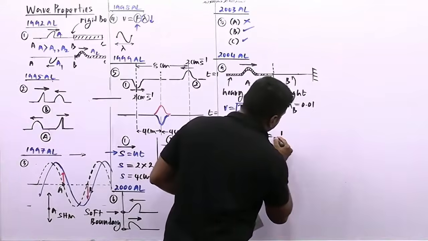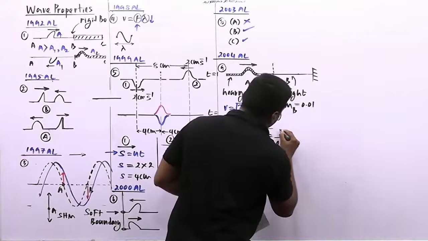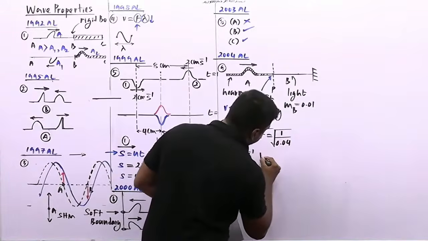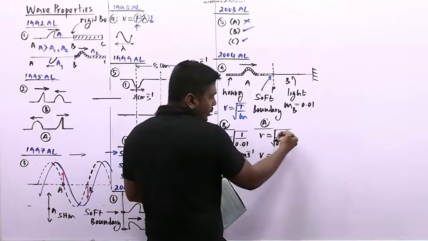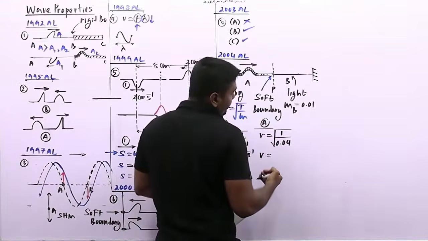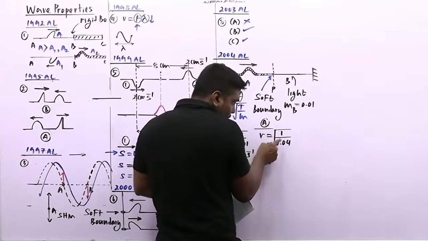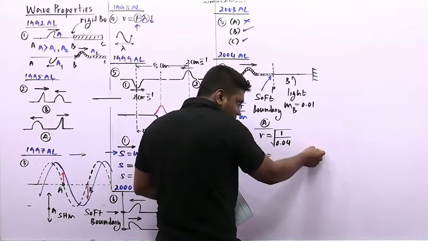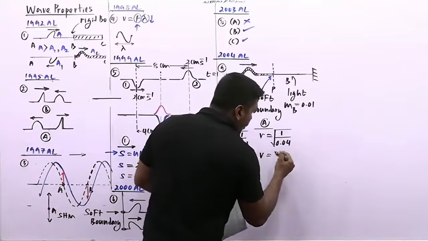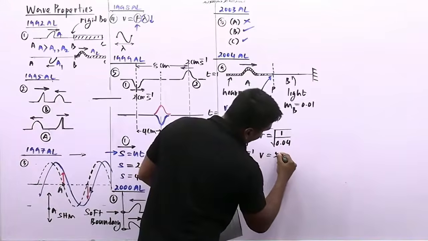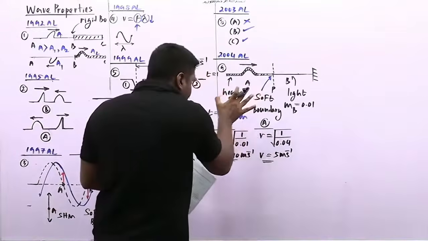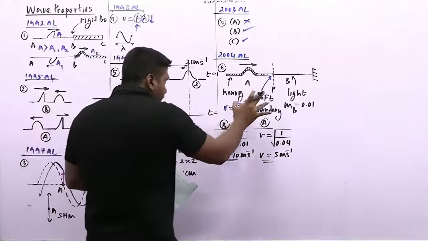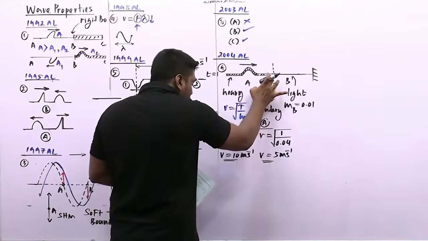So 1 over 0.04, whole root. So I can write V as the root of 25. 1 over 0.04 is 25, just do the calculation and check. Root 25 is 5 ms minus 1.